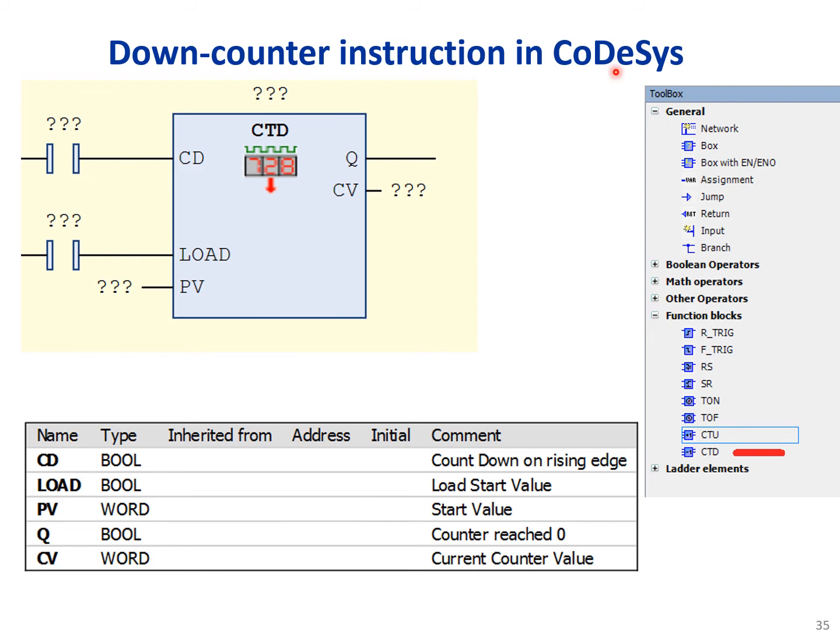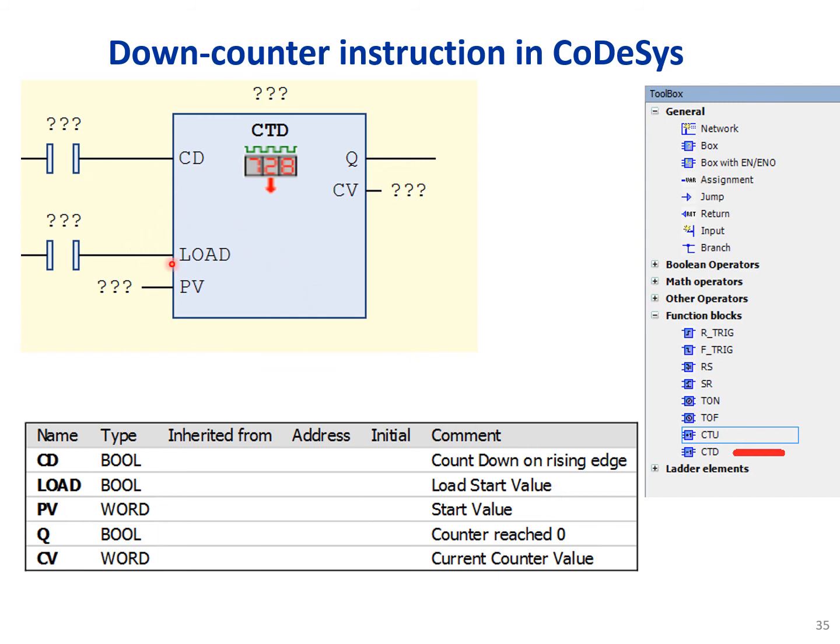Down counter instruction in Codesys is very similar to the up counter. Drag and drop from function blocks to the rung, and you have a countdown, down bit, accumulated value, preset value, and the load here. Okay, and the load is basically the load start value.